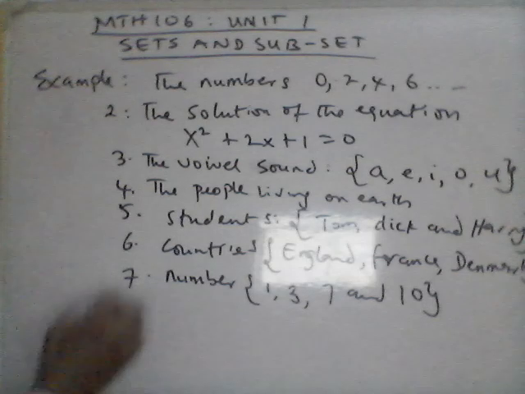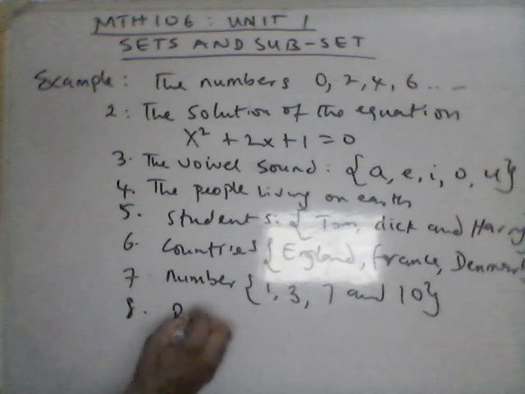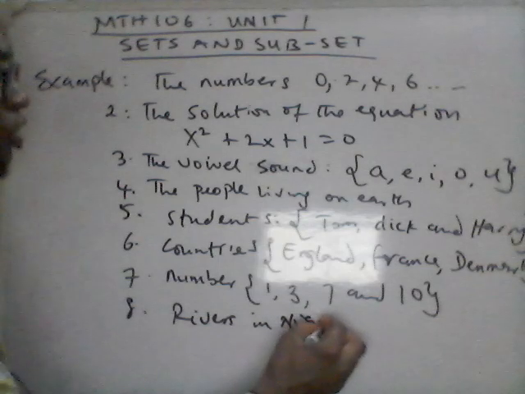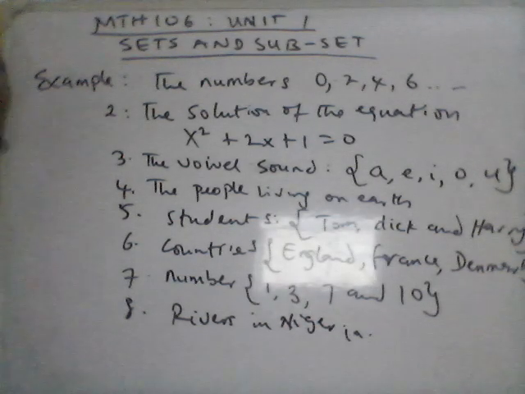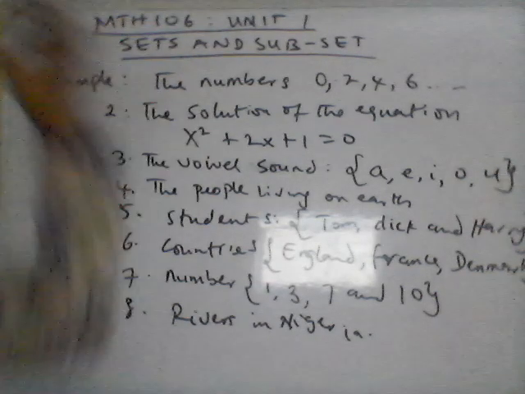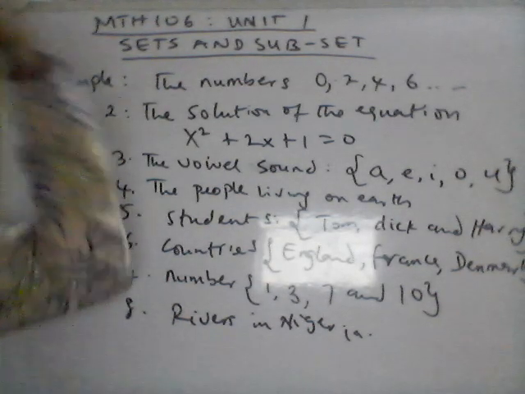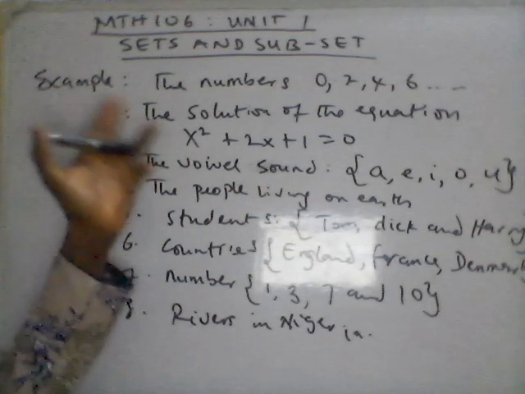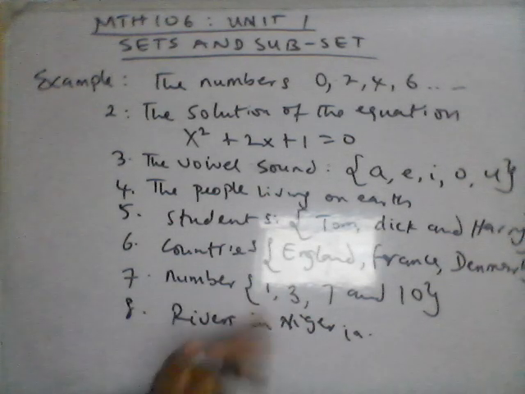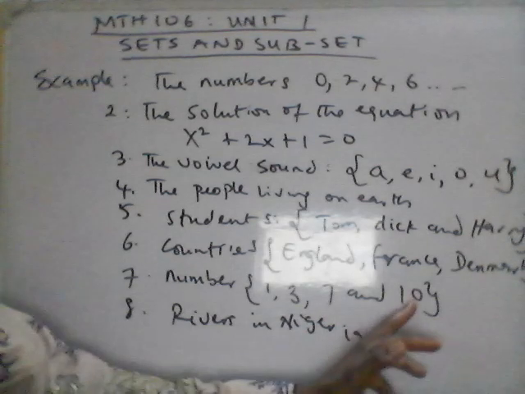Number 8 here, I would say rivers in Nigeria. So it's another form of set. So, like I said initially, a set is a collection of similar items. Note that some of these are sets of odd numbers, except for this one.